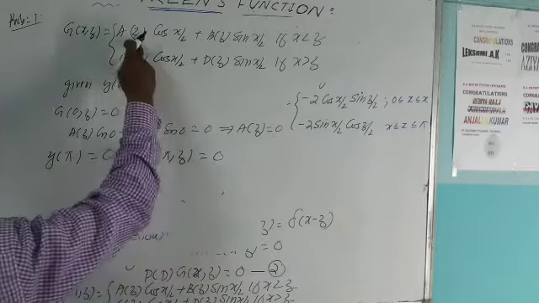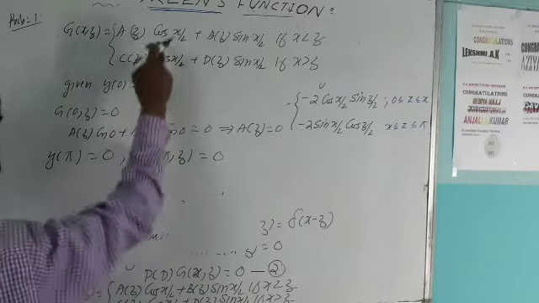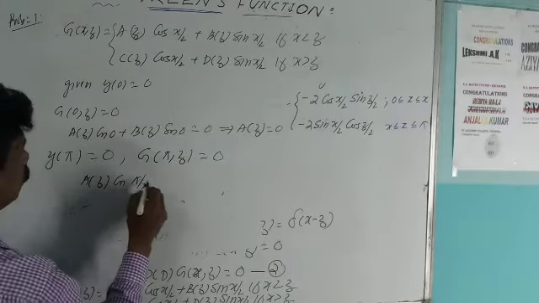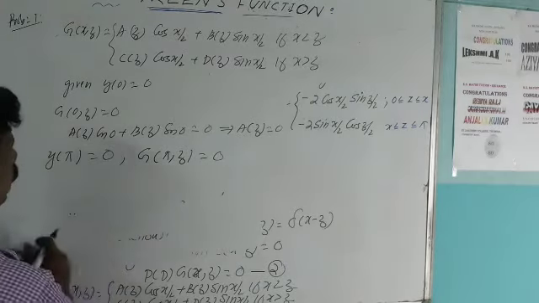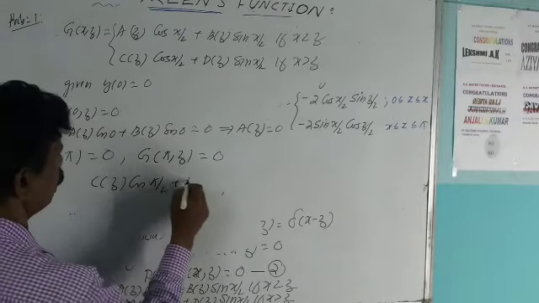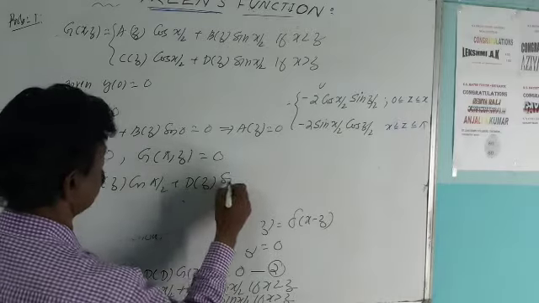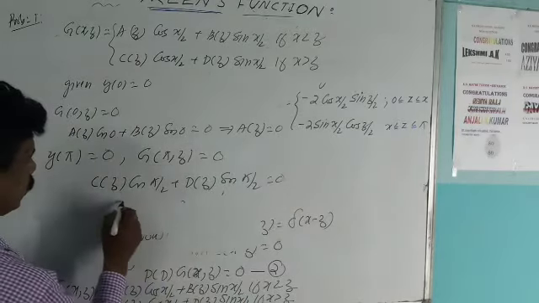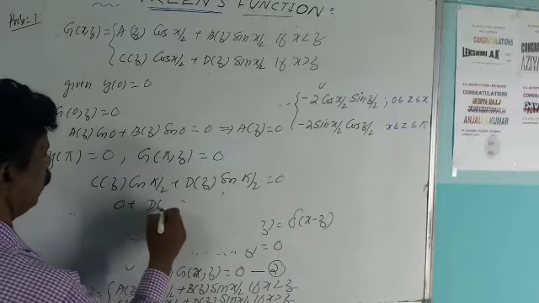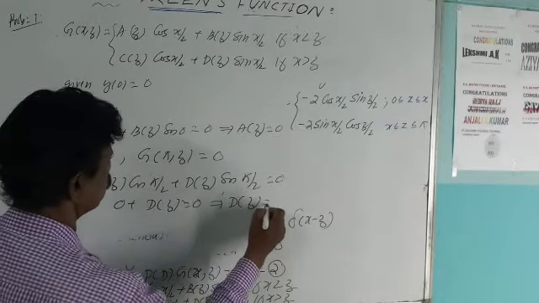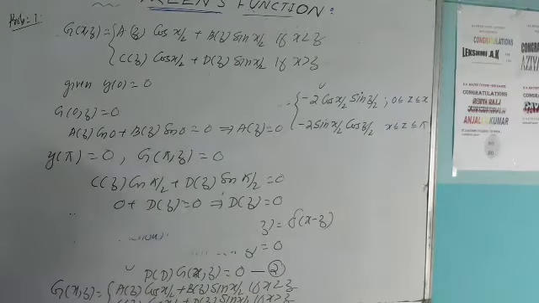Substitute g(pi): c(z) cos(pi/2) plus d(z) sin(pi/2) equals 0. Cos 90 is 0 and sin 90 is 1, so d(z) equals 0, which is the second boundary condition.